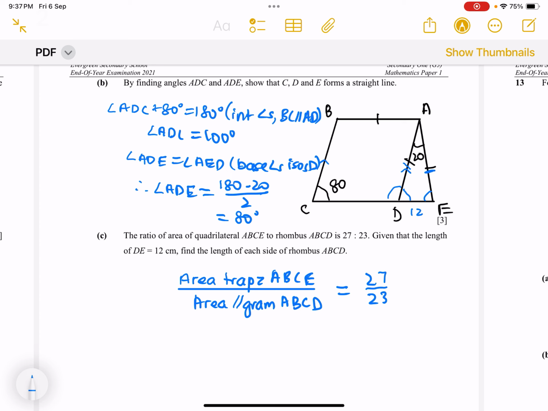So now we can say that since angle ADC plus angle ADE equals 180 degrees, therefore CDE is a straight line.